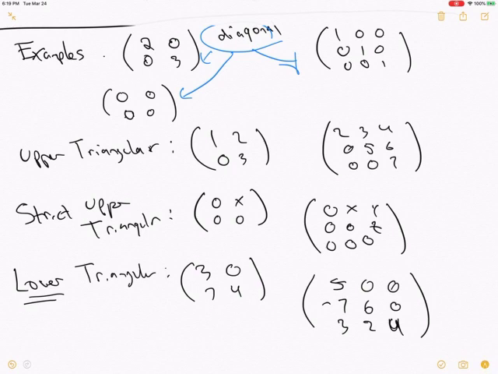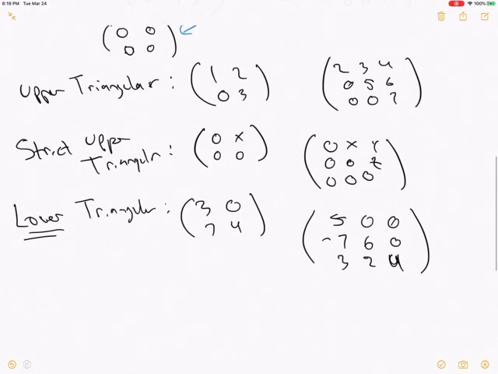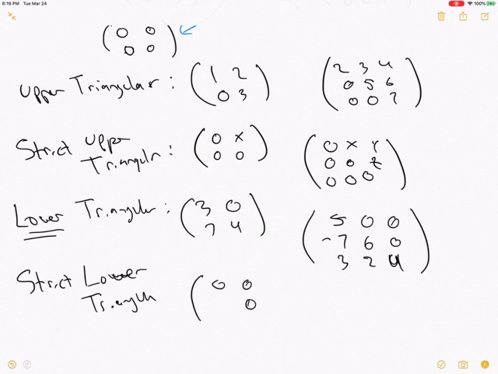So these are lower triangular matrices, and then examples of strict lower triangular. It's the same idea. If it's a 2 by 2 matrix, then the diagonal and above the diagonal has to be 0, so you could have something there.